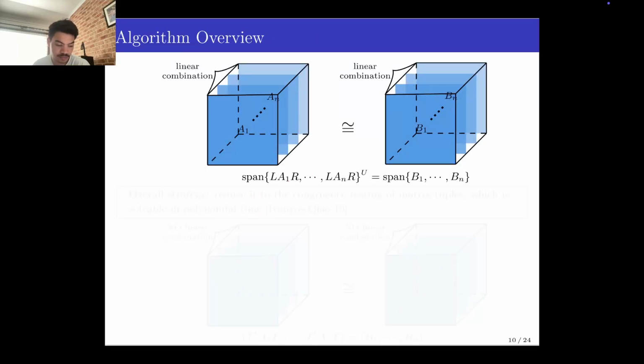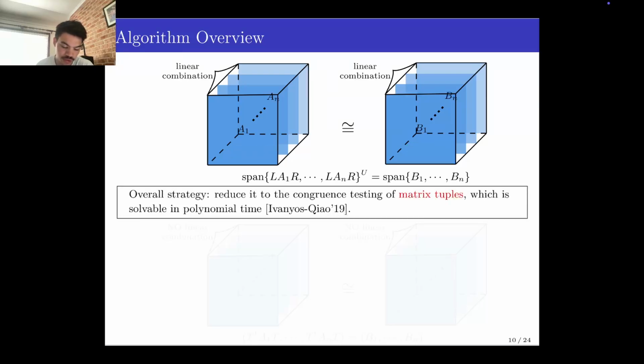So, how this algorithm actually works, let's say we have 2 p-groups and they encode ordered bases which span this matrix space, and we want to find L, R, and U, which will send these 2 matrix spaces. L, R, U will send the matrix space A to B. Then we can reduce this to the congruence testing of matrix tuples, which is solvable in polynomial time by Ivanyos and Qiao in 2019.